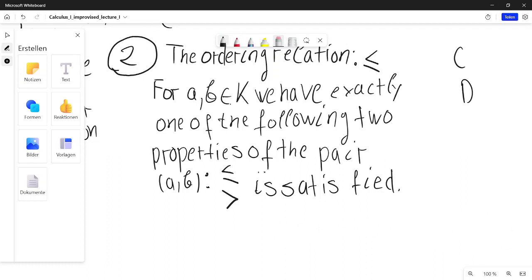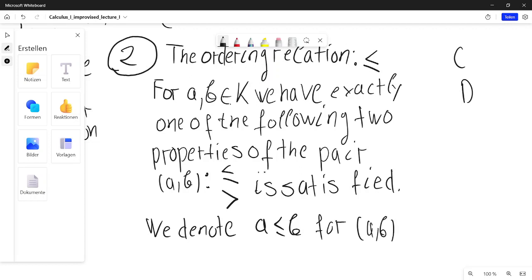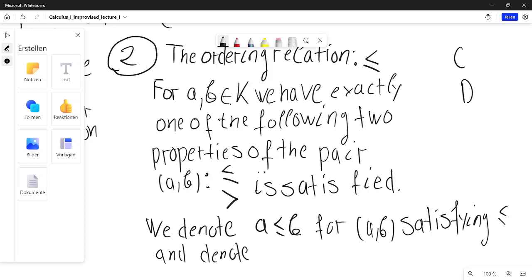Well, we denote it, and this is just such a relation.